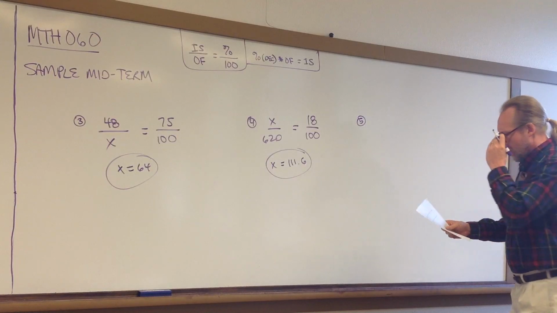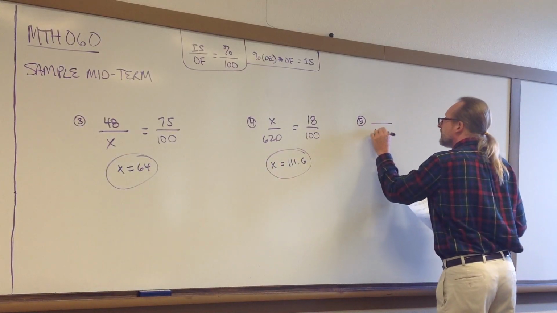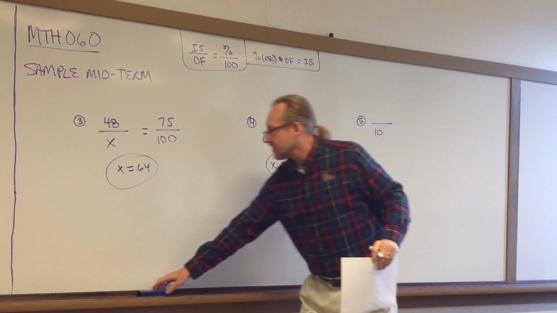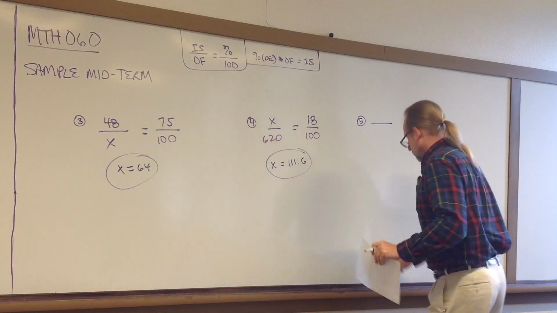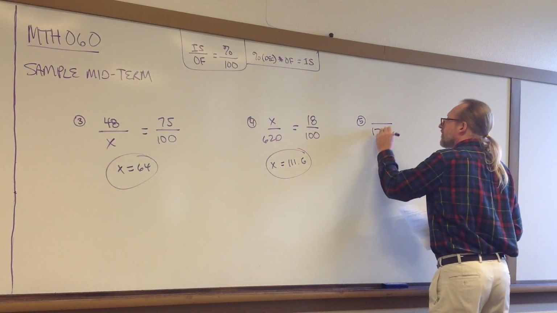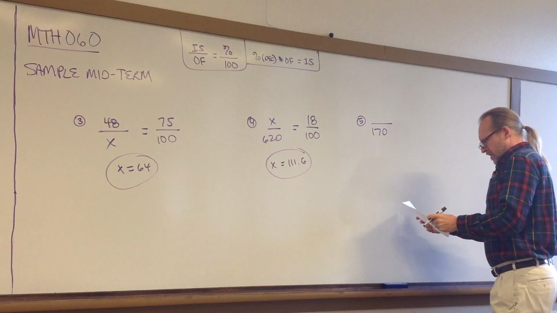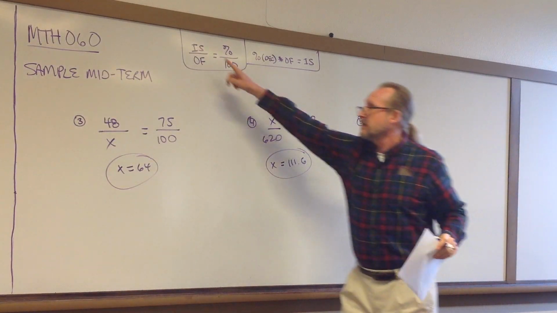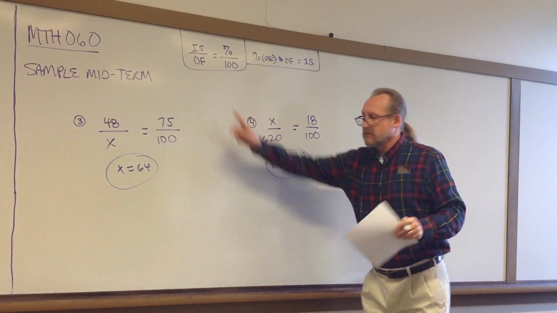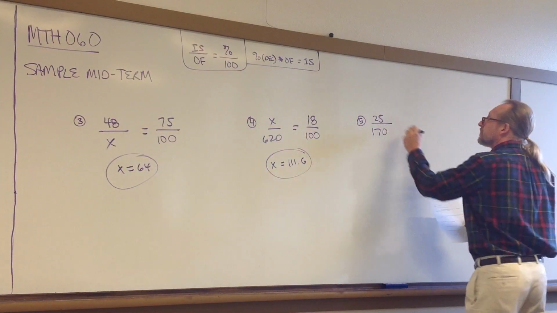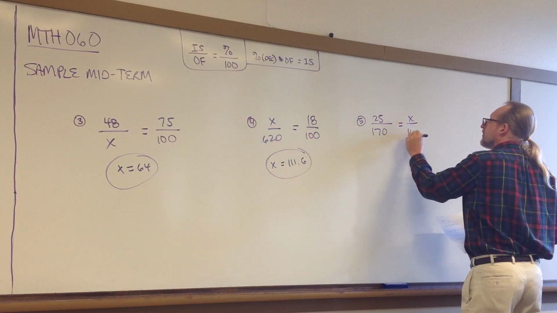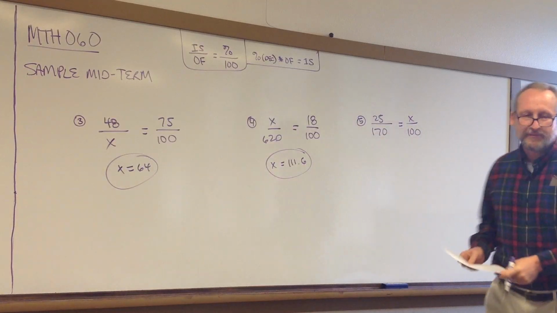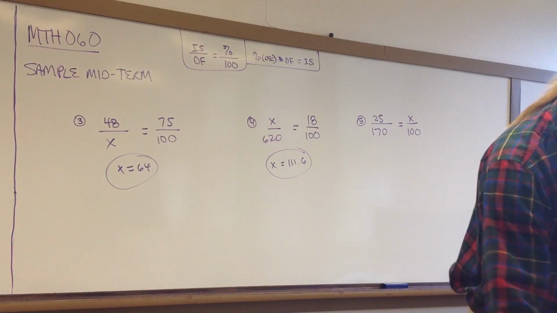Let's see here. Problem 5. What percent of 170 is 25? Okay, so the "is" goes on top, the "of" goes on the bottom, and the percent in this case is what we're looking for. So we do 25 times 100 and divide by 170.